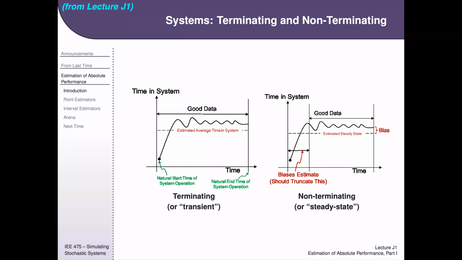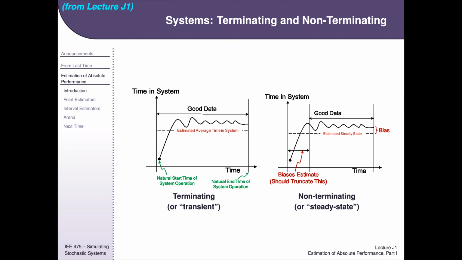Now note that if we end up not discarding this data, and we're trying to estimate, say, the steady state average here. So let's say what we would ideally like to estimate is kind of the middle point here, the kind of average over time of this steady state curve here. We'd like to average where my hand is here.